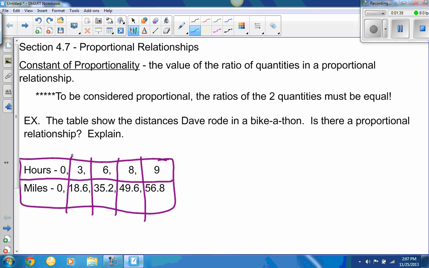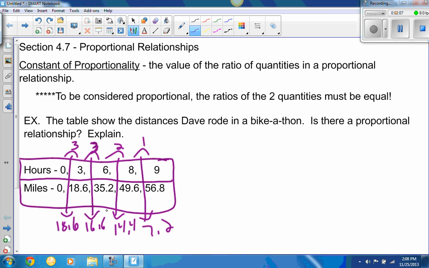Okay, so if you look at this, how much is it changing from here to here? 3, 3, 2, 1. And then if you're looking at here, it's changing 18.6, 16.6, 14.4, 7.2. Is it changing at the same rate the whole way? Like here it started out going 3 hours at a time, which would have been fine, but then it went 2 and then it went 1.